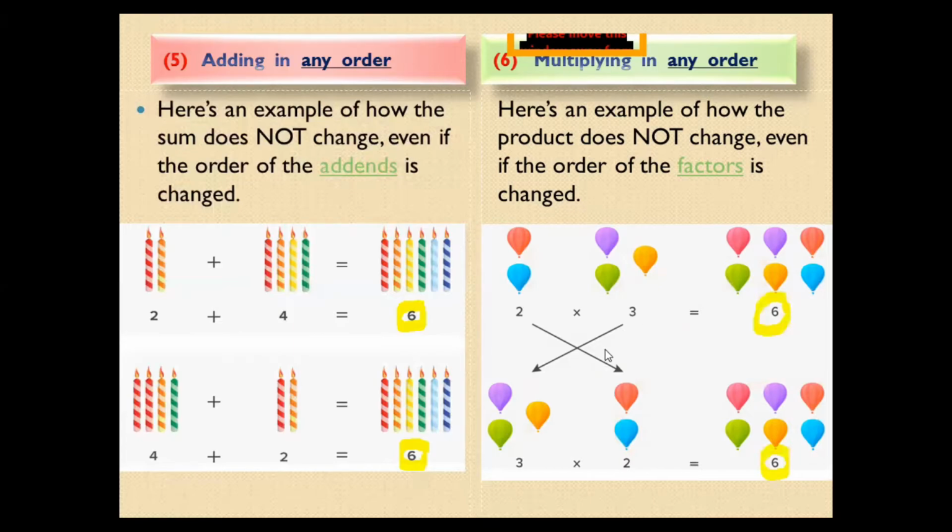If we switch these two factors and write 3 at first and then multiply 3 by 2, the product doesn't change. So 2 by 3 equals 3 by 2 equals 6. The product doesn't change even if the order of the factors changes.